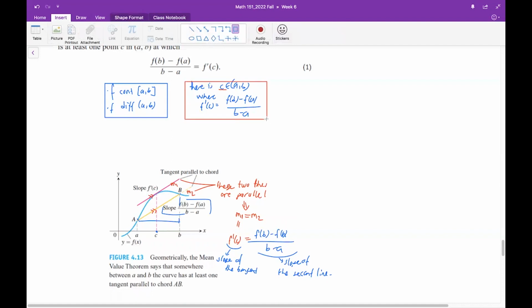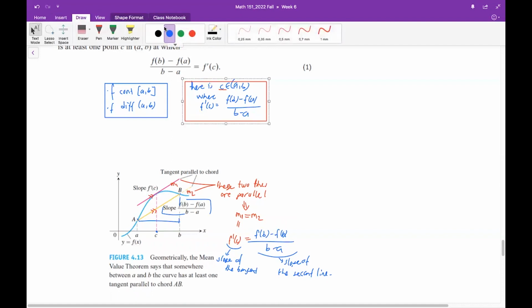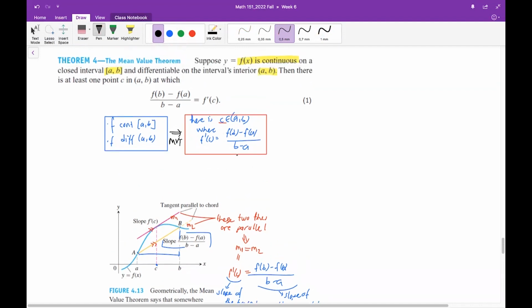As long as the assumptions hold, then you will have this conclusion. You can apply the mean value theorem to use this conclusion. Okay, also here, let me put, this is the slope of the tangent line, and the right-hand side gives you the slope of the second line.